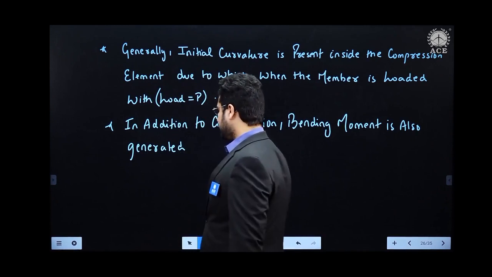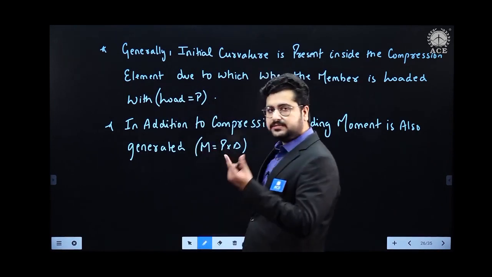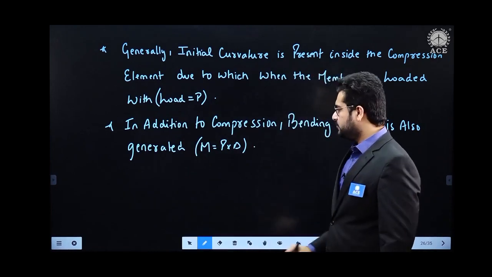How much bending moment is generated? P into delta, where delta is the initial curvature present. Okay, so this is the bending moment generated.